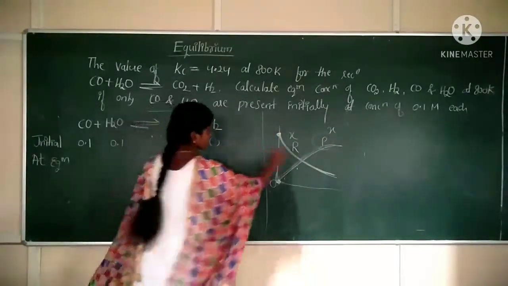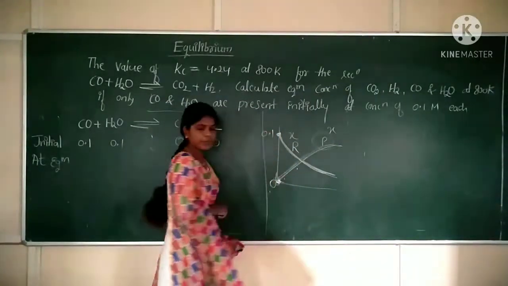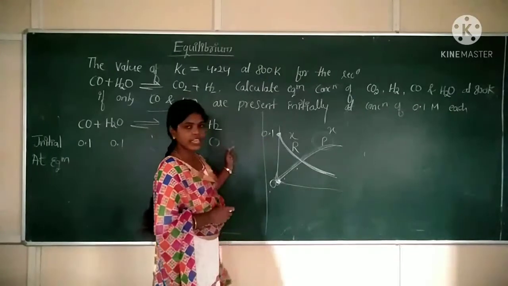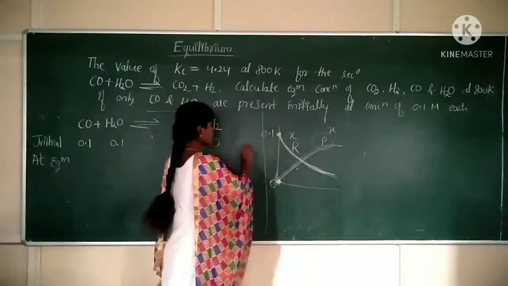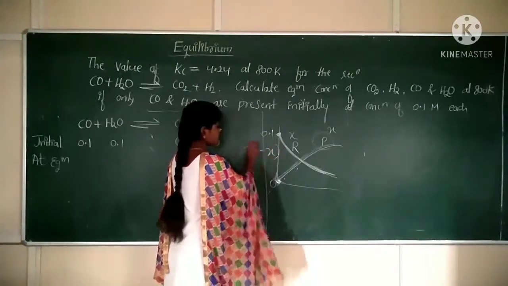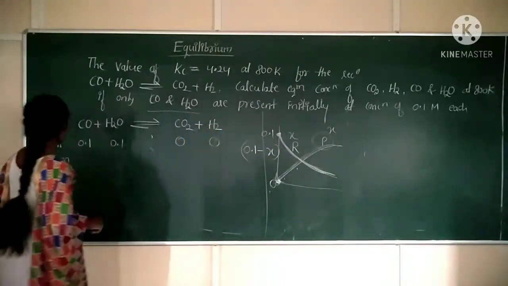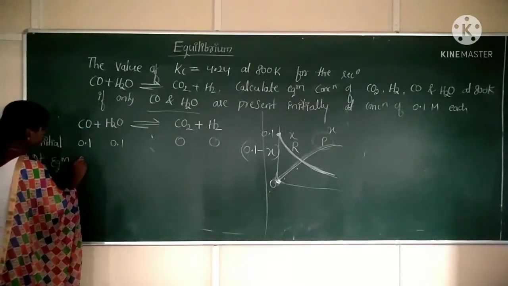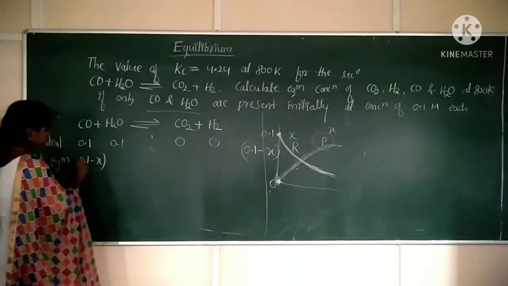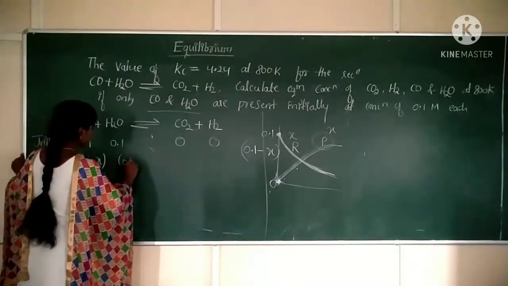So when concentration decreases, the initial value for this reaction is 0.1. Decreases means it should be 0.1 minus x. So at equilibrium, the concentration of CO will be 0.1 minus x, and the concentration of H2O will be 0.1 minus x.